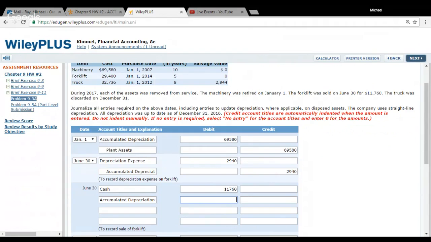We want to calculate the accumulated depreciation for 2014, 2015, 2016, and then the other half of the year, which we already calculated. So we need to calculate 3 more years, and our other amount was 5,880 times 3.